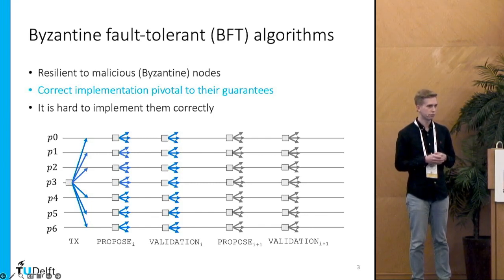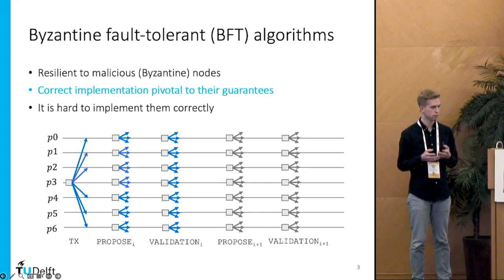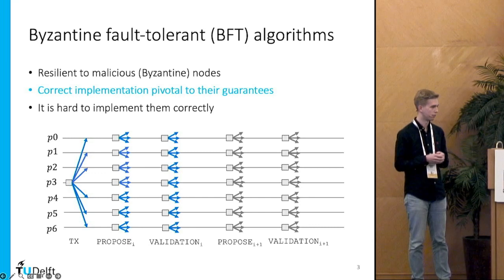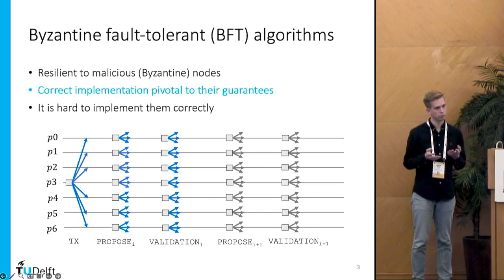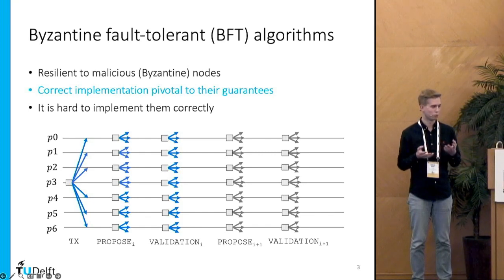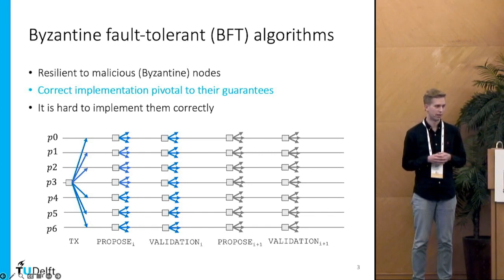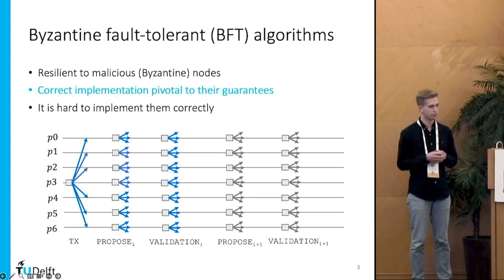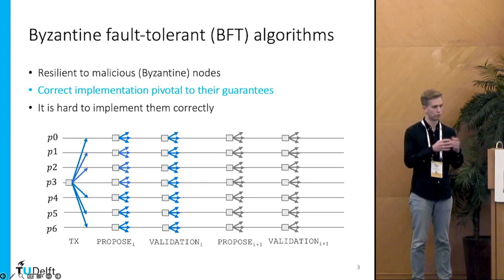During the transaction round, P3 disseminates a transaction that it received from a client to all of its other peers, and we denote this with the blue arrows. This is followed by a proposal round where all of the validators share their intent to include this blue transaction into the next ledger I. Once the validator sees sufficient agreement with all of its peers, it moves on to the validation round.